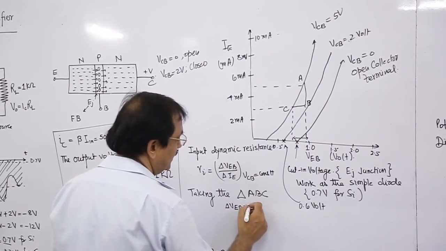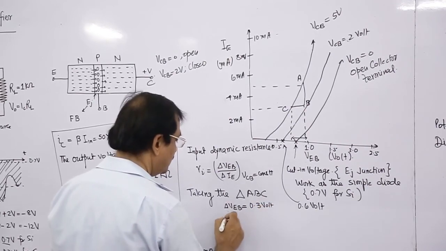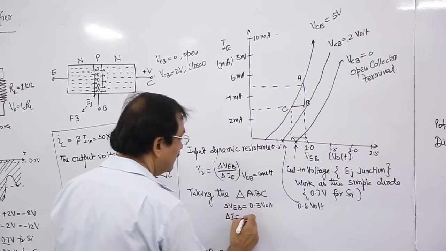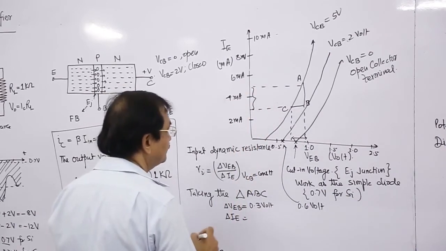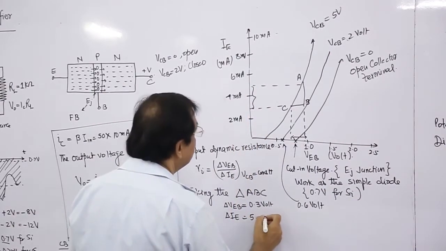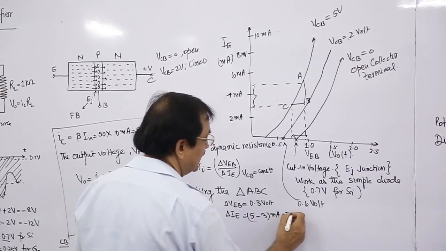delta VEB is 0.3 volt, and delta IE is 5 minus 3 milliampere, so this is 2 milliampere.